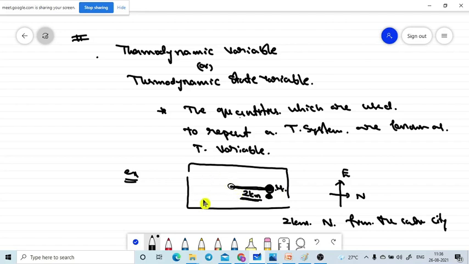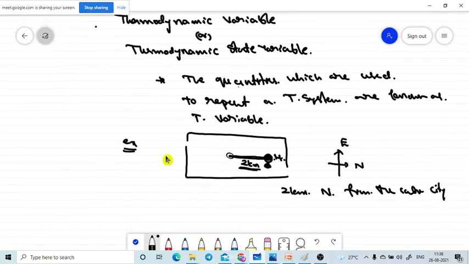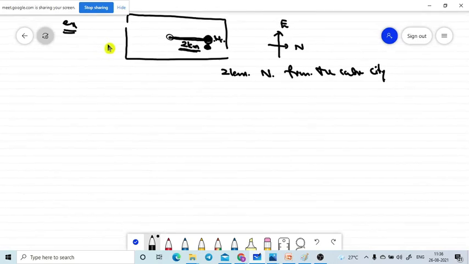In a similar manner, to explain a thermodynamic system we need some physical quantities. Those physical quantities are named thermodynamic variables or state variables.